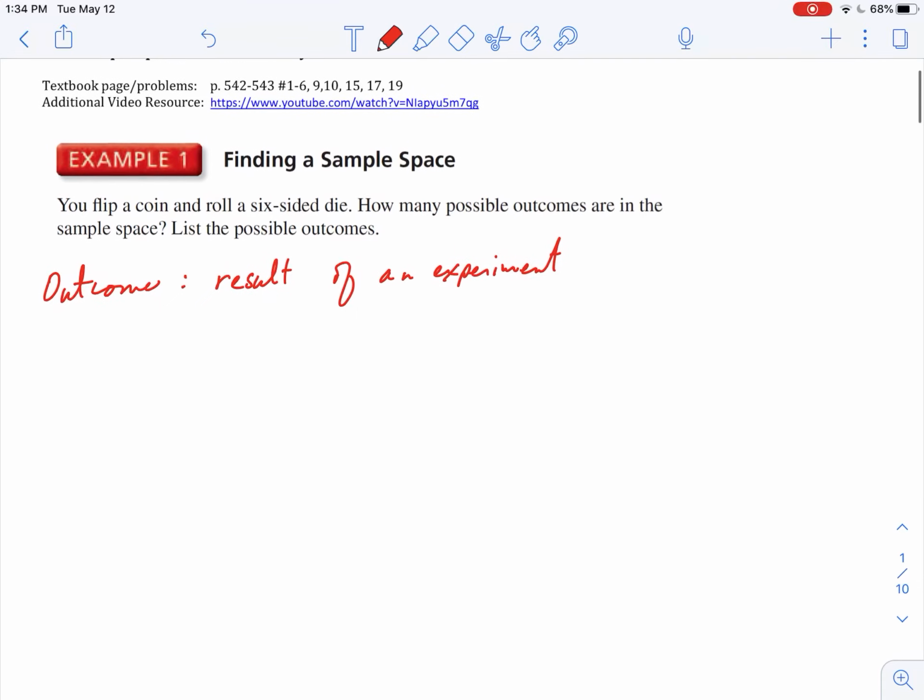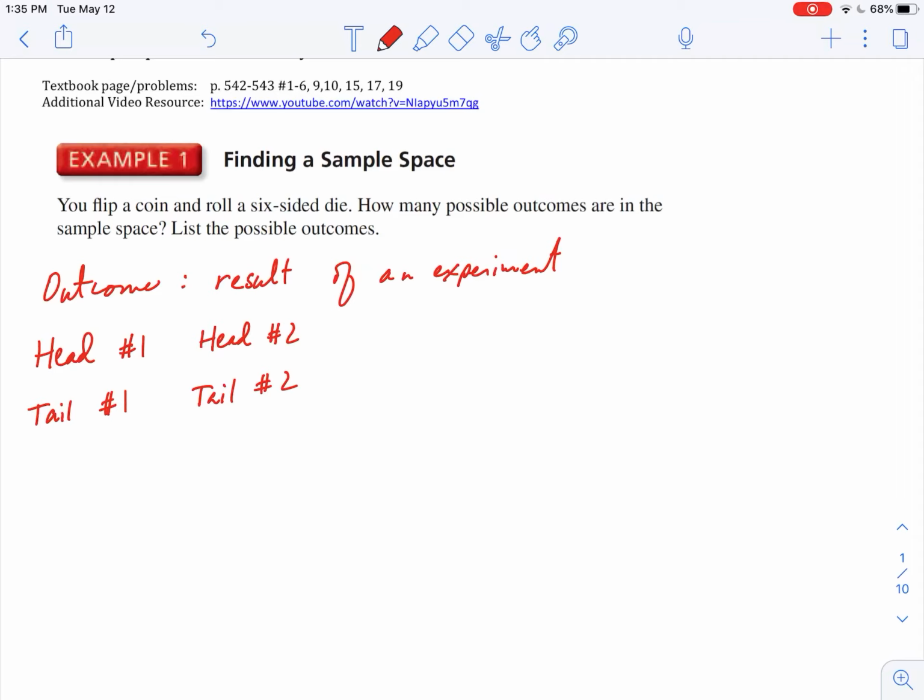The first outcome I can think of is that we flip and get a head, but then we roll the die and get the number 1. We could have just as easily flipped a tail and also gotten the number 1. This is kind of painful to think through, but we start to realize we could write all of these out. We could get a head and then a 2, or a tail and then a 2.